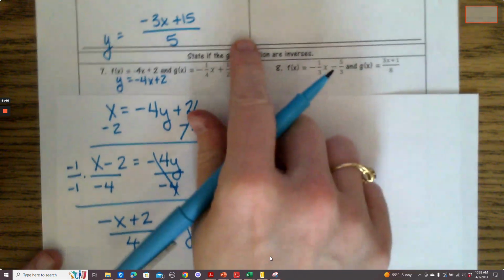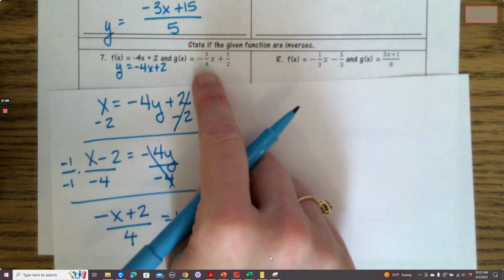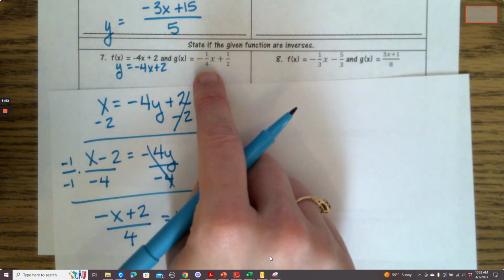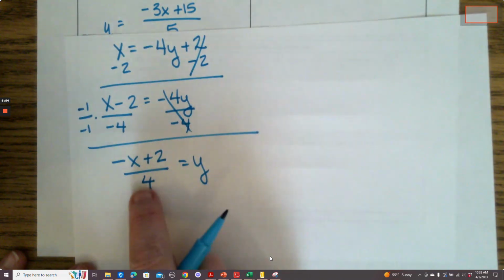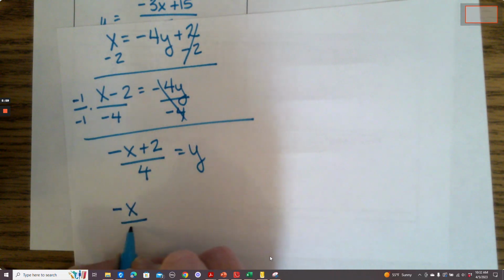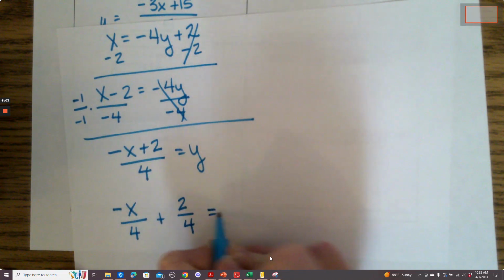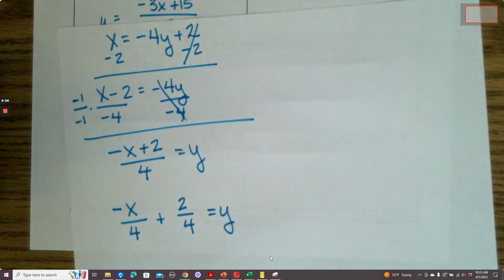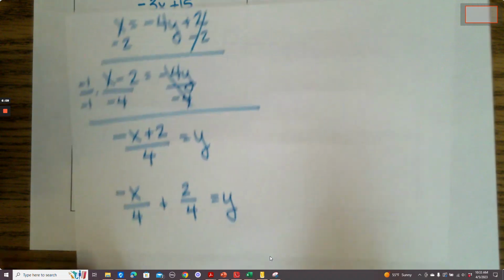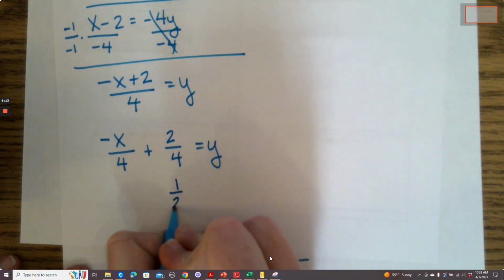Now, it's not in the same form, okay? What they've done is they've split this fraction. If you have a fraction like this with addition, you can split it. Negative x over 4 plus 2 over 4. What does 2 over 4 simplify to? 1/2.